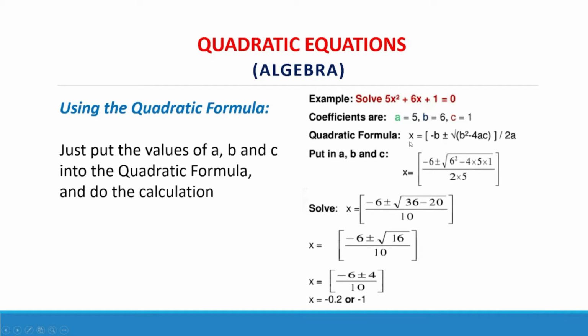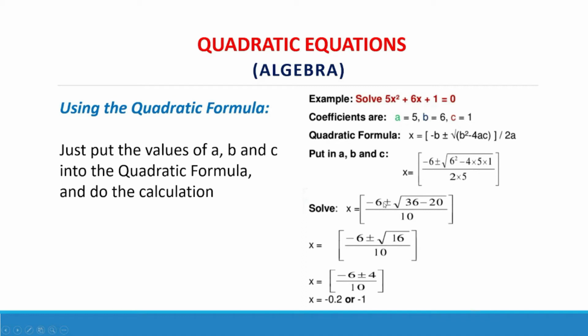Using the quadratic formula, x equals negative b plus or minus the square root of b squared minus 4ac all over 2a, or negative 6 plus or minus the square root of 6 squared minus 4 times a, which is 5, times c, which is 1, and divide everything by 2 times a, which is 5.